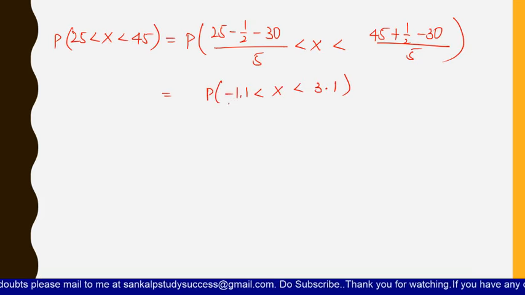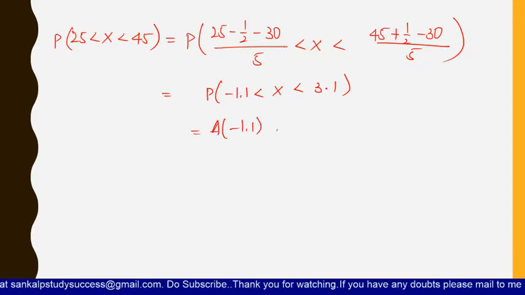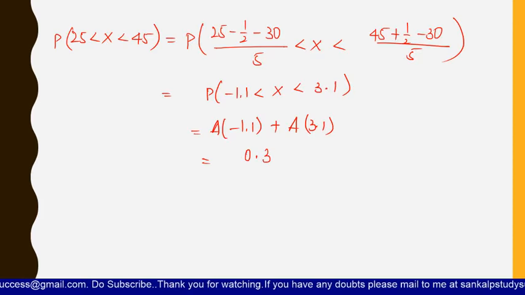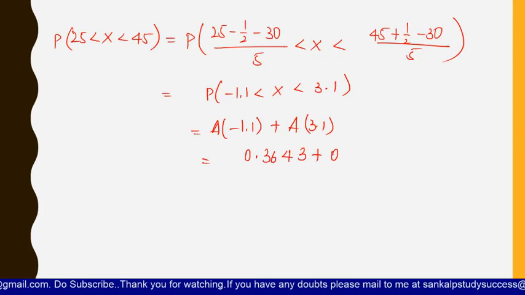So here it is of the first form, but the signs of both the numbers are different. That means if the signs are different, then you have to add the areas, right? So area of minus 1.1 plus area of 3.1. We are just adding the areas. If you take the values from the Z distribution table, you will get 0.3643 plus 0.4990.